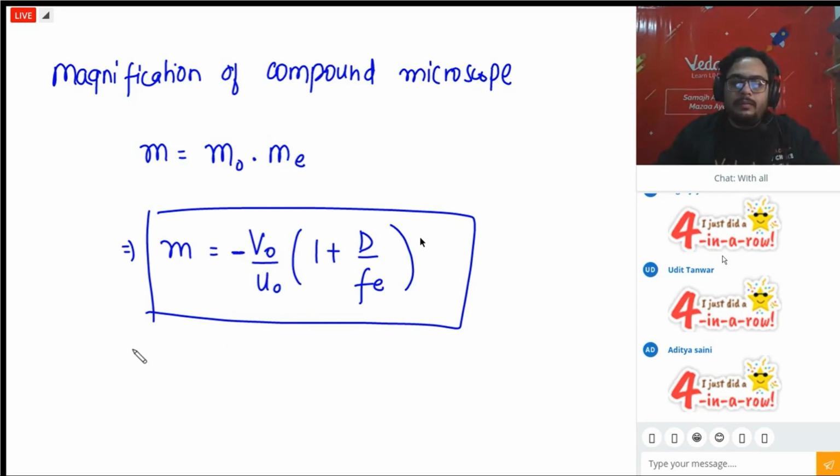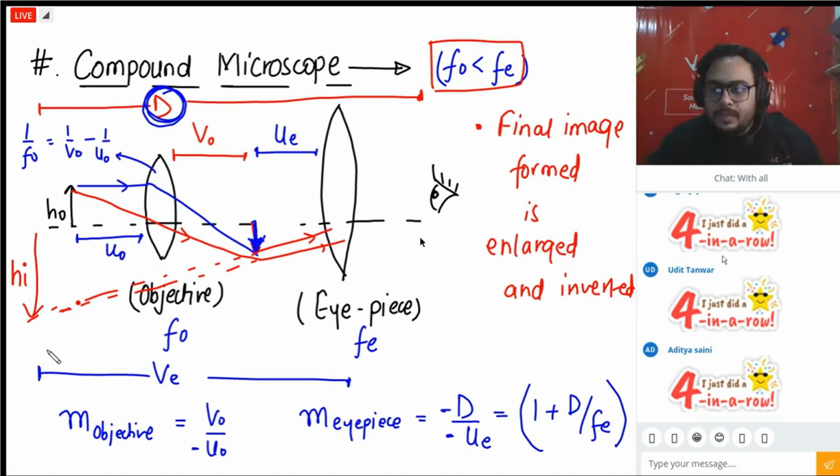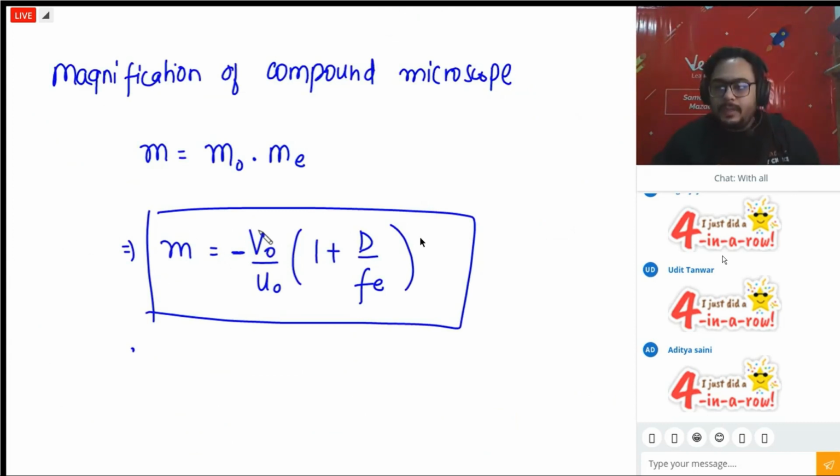Now, for this lens, I can write 1 by FO is 1 by VO minus 1 by UO. Right? I know this formula, so I can use it. You can find VO by UO from here. Let me work it out if you are having difficulty.